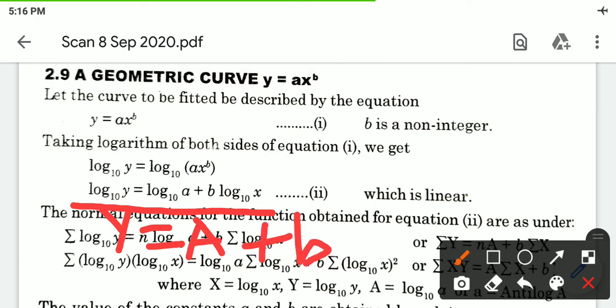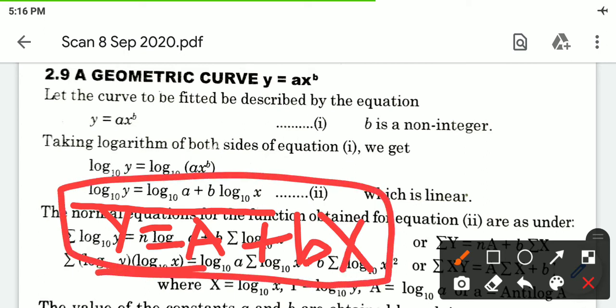Log10 x, call it capital X. So here the equation is Y = A + bX, which is linear.